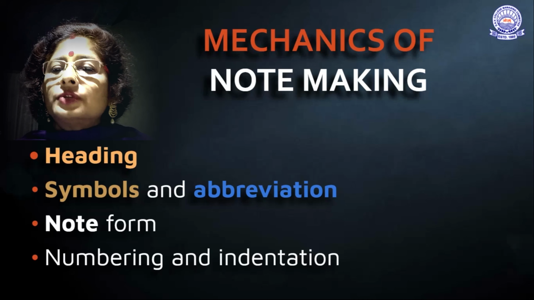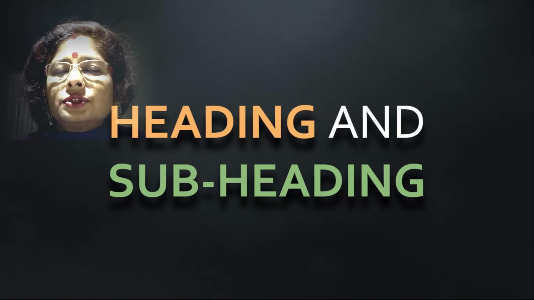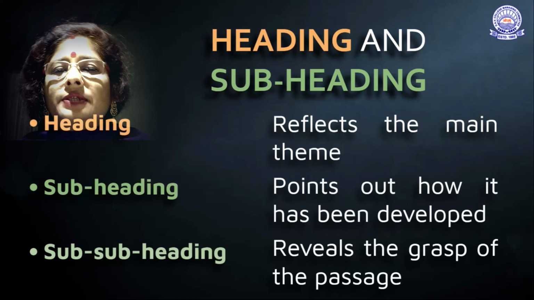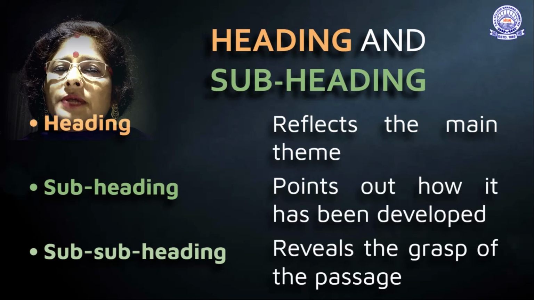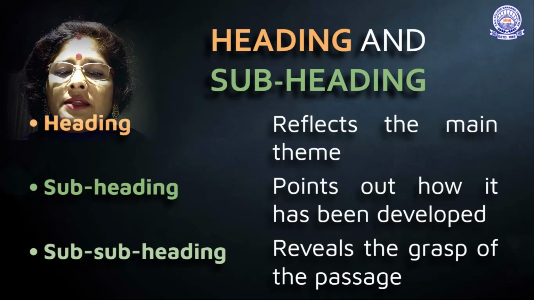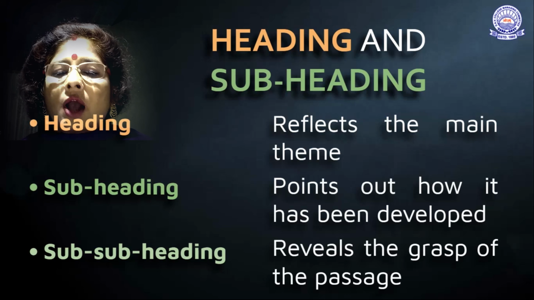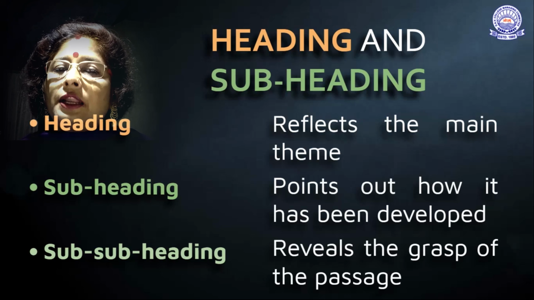When we talk about heading and subheadings, title and subtitle, the question comes, what should be written in the title and what should be written in the subtitle. When we talk about the title, that is the main heading. Main heading reflects the main theme, whereas subheading points out how it has been developed.